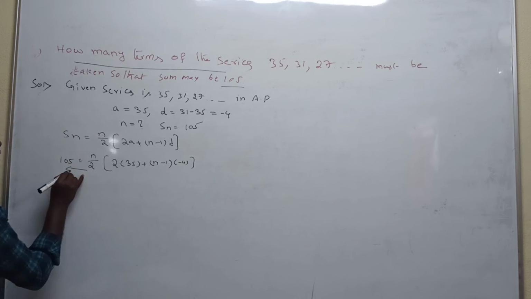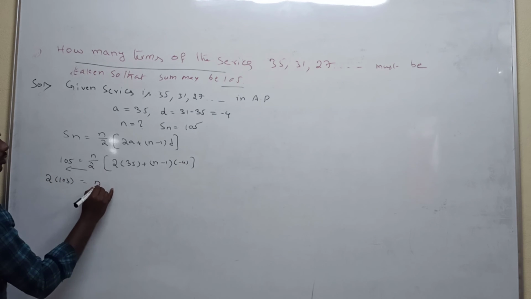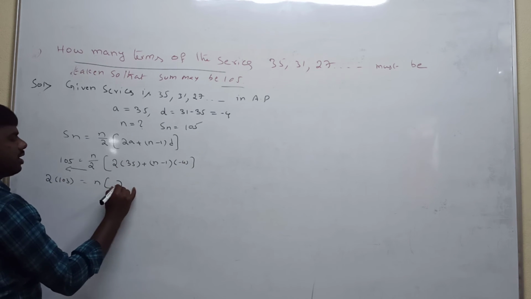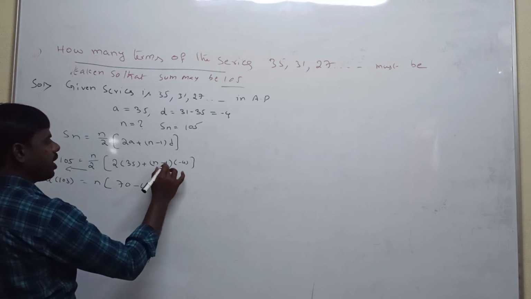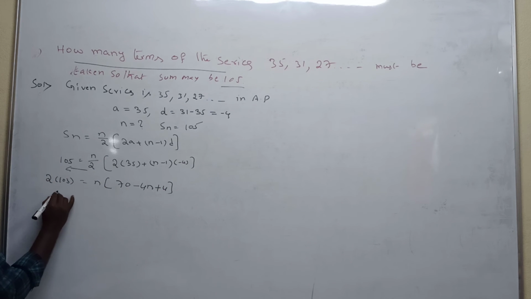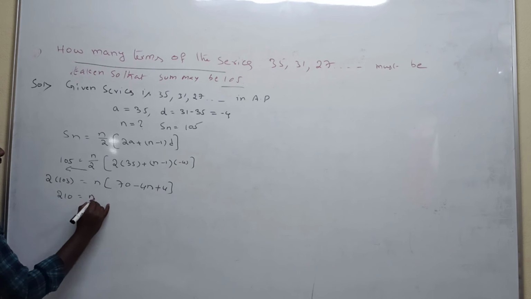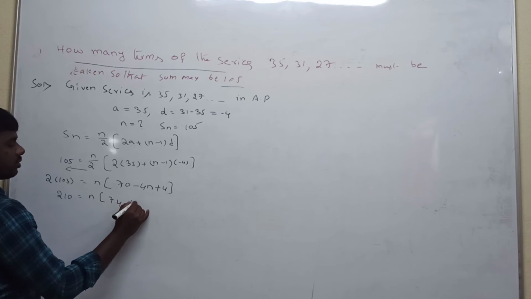Now 2 is a cross product, so 2 into 105 is equal to n into 2 into 35 values, 70, plus n into minus 4 is minus 4n, minus 1 into minus 4 is plus 4. So 2 into 105 is 210 is equal to n into 70 plus 4, that is 74 minus 4n.